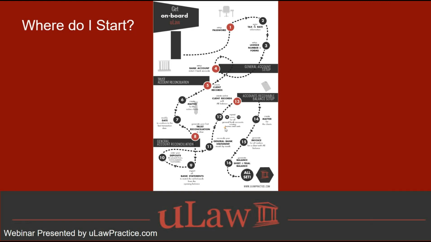uLaw is also a full-fledged business accounting software. So if you look at the steps, part of steps 13 to 16 also has a component of disbursements, but we also allow you to manage your own office expenses. These office expenses many times are to keep the lights on for your business. These are your license fees. These are all of your costs to keep the business going.